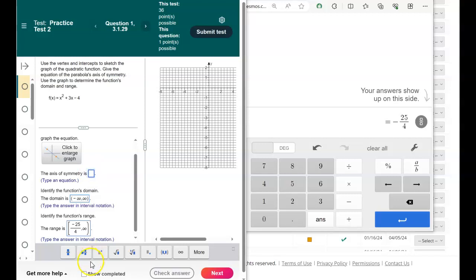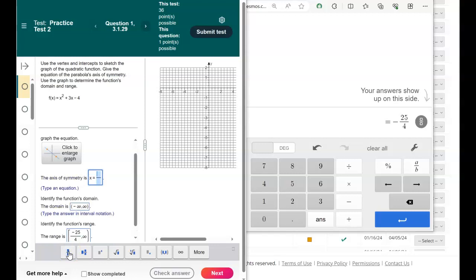For the axis of symmetry, it would always be x. So you write x is equal to the x-coordinate of the vertex of the parabola. You have the fraction there, or you can put the negative sign in the middle if you want. So you have negative of 3 divided by 2.